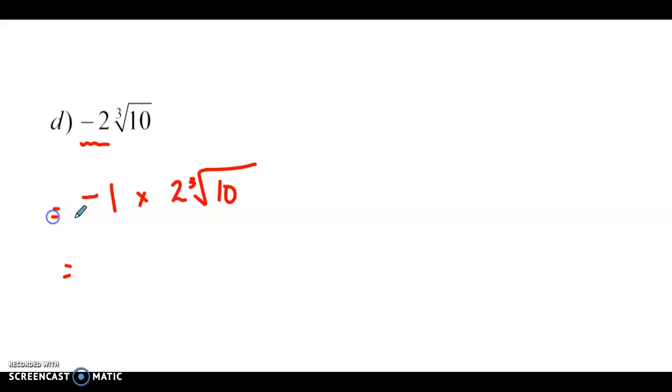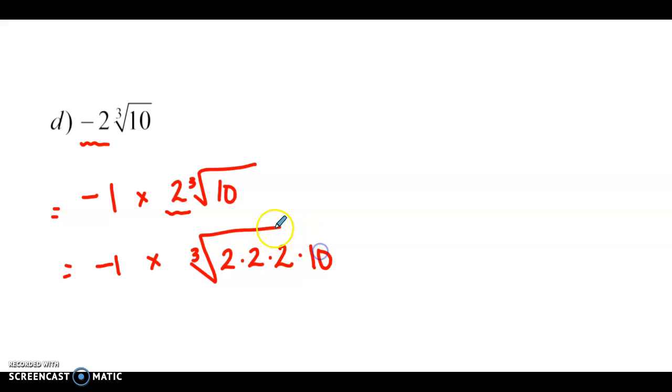To write as an entire radical, we are going to place this number on the outside. We're going to move that inside the cube root, and we're going to write it 3 times, the number of times of that index. And when we multiply all of this together, we end up with negative cube root of 80.